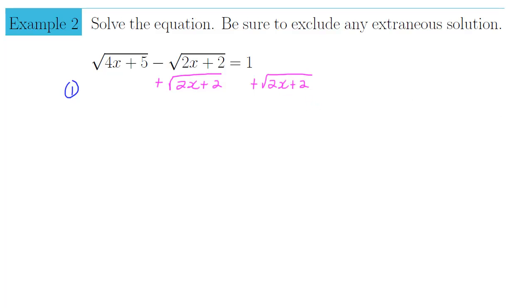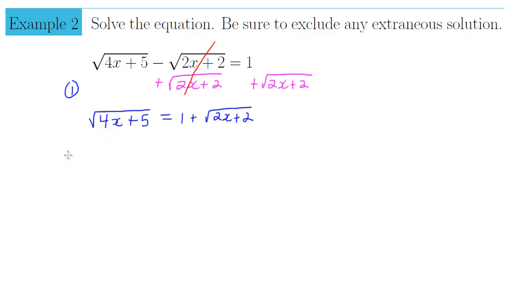Okay, this is going to have the effect of getting rid of the square root 2x plus 2 on this side and isolating the root 4x plus 5. So let me write what we're left. So I have the square root of 4x plus 5 equals 1 plus the square root of 2x plus 2. So I've isolated the radical on the left side.